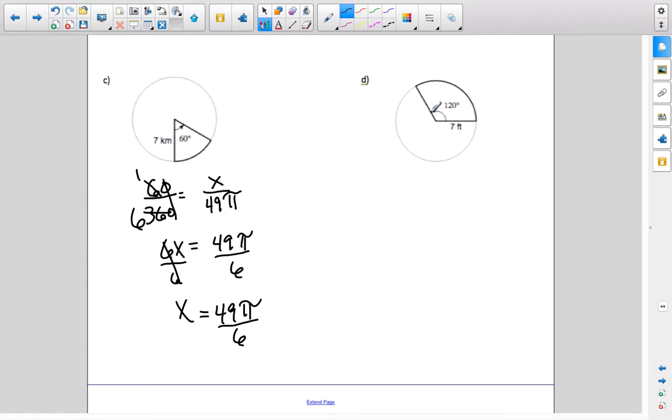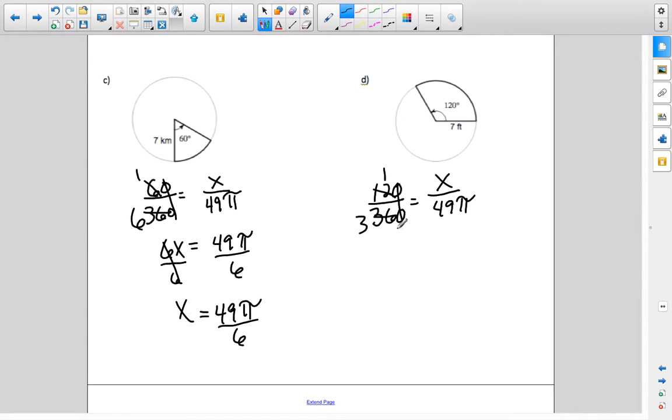Okay, for D, our angle has 120 degrees over our total 360. And let's see, we want the part or the section area over the whole circle, which would be 7 times 7 times pi, or 49 pi. Now 120 over 360 is the same as 1 over 3.